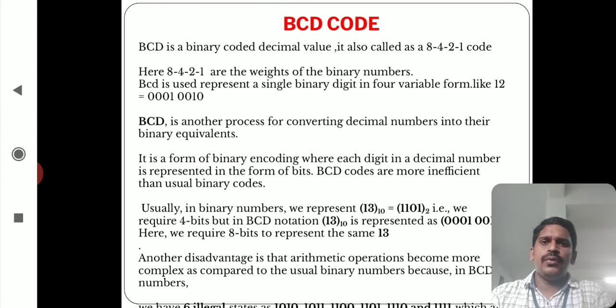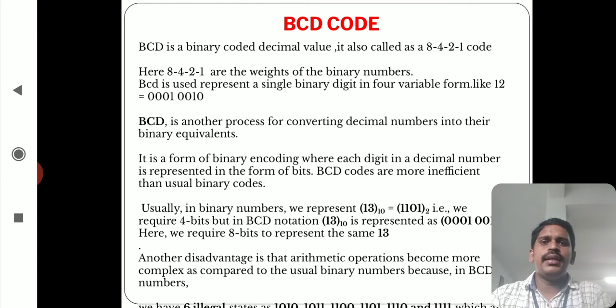This code is named the 8421 code because 8, 4, 2, 1 are the binary weights of the BCD code. Hence, we represent one digit in the form of 4 binary digits.